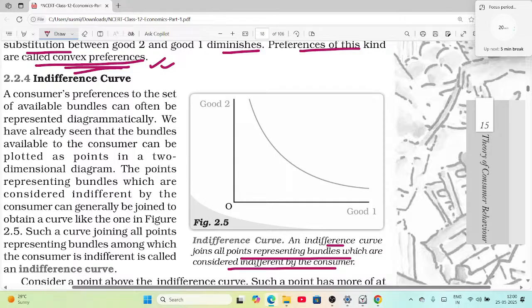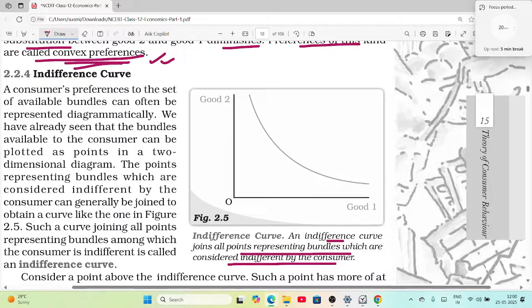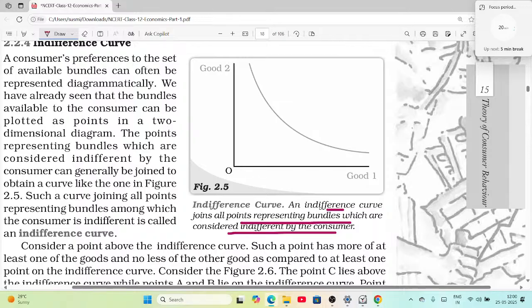In a two-dimensional diagram, the points which are indifferent lie on the indifference curve.